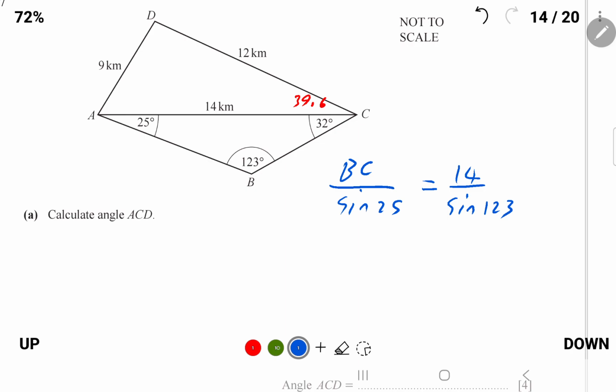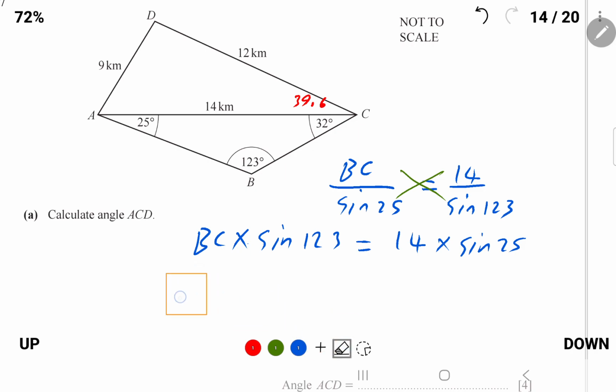And then we cross multiply. So BC multiplied by sine 123 is equal to 14 multiplied by sine 25.